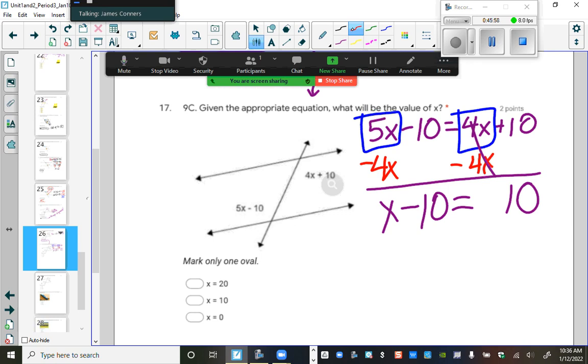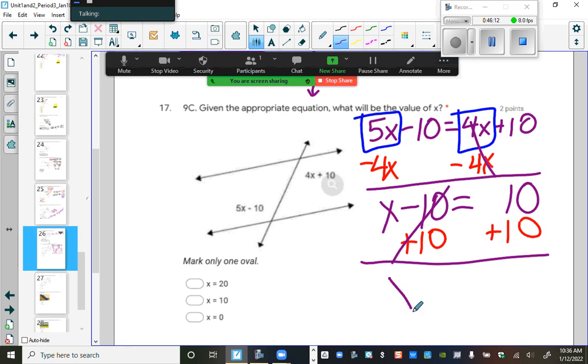Plus 10. A lot of us put minus 10 twice, and that's how we wound up with that 0. But it's not gonna be 0. What's 10 plus 10? 20. This is gonna be 20.